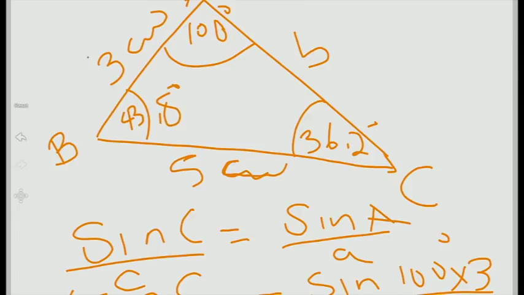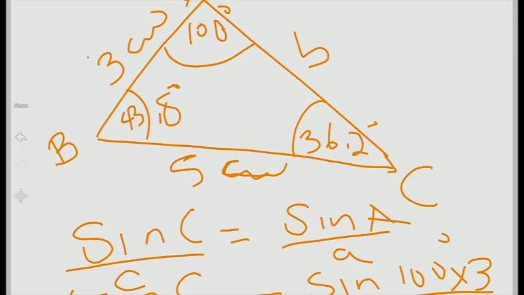Now we have angle B. We can use that to calculate the missing side, side B. We have all the angles now. We can use sine C over side C equals sine B over side B, or sine A over side A equals sine B over B. The only thing left now is calculating B.